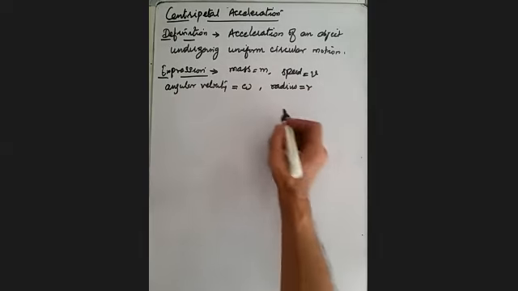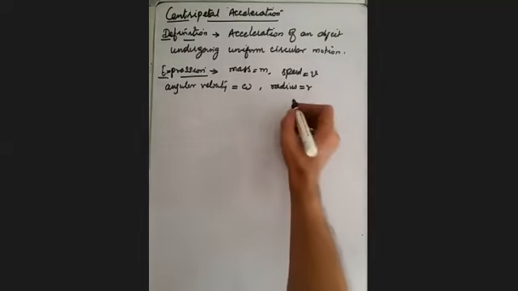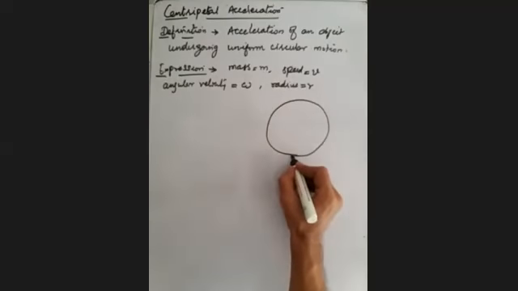Then at any time, a circle represents this circular path on which the object is moving.